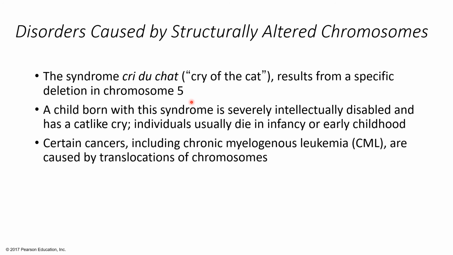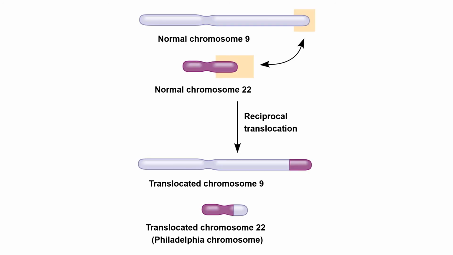Now, this can also be linked to certain cancers, at least in theory. So, myelogenous leukemia, that actually affects the bone marrow in particular, can be caused by a translocation of chromosomes. So I've got an example of that here.